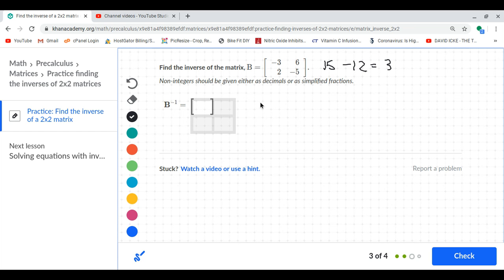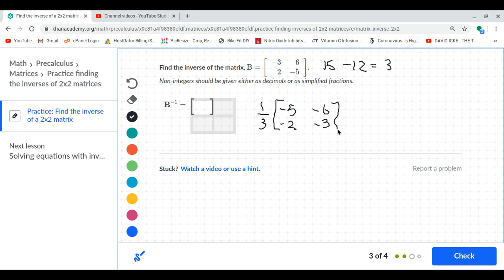Okay, so we're going to take 1 over the determinant, so 1/3. Switch the negative 3 and negative 5, so it'll be negative 5 here, negative 3 here. Change the sign of the 6, so we get negative 6, and the 2, negative 2.